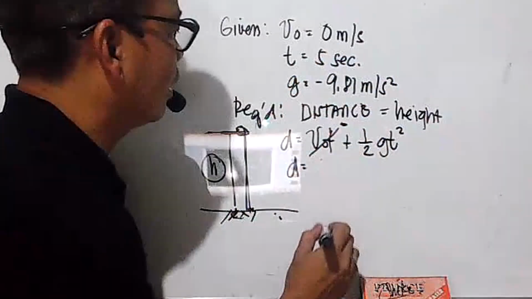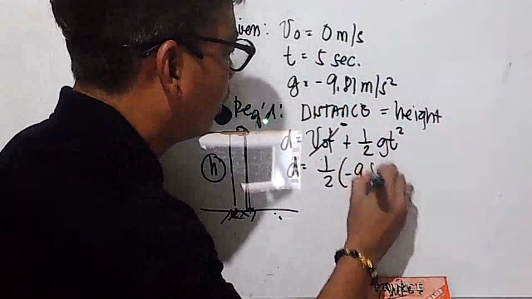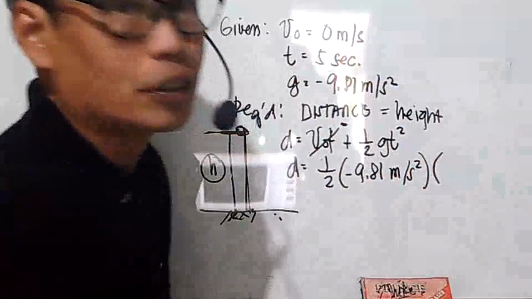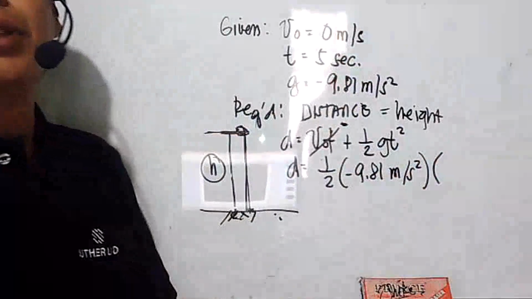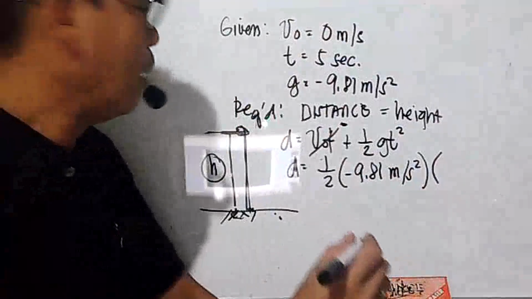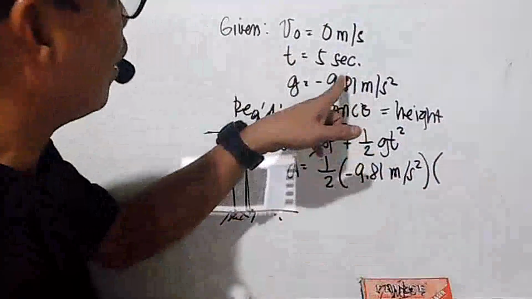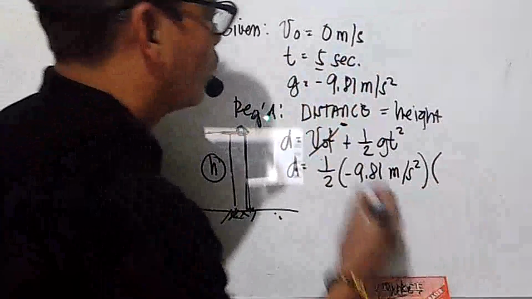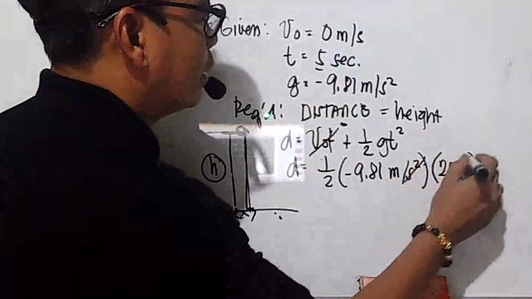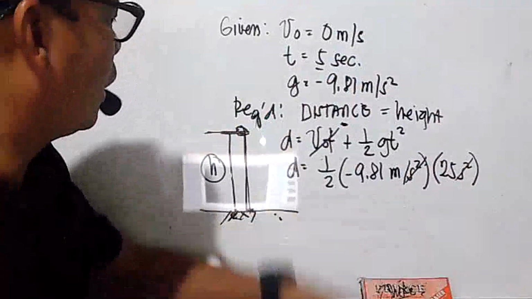Therefore, your distance is 1/2 multiplied by negative 9.81 meters per second squared multiplied by the time squared. Your time is 5 seconds, so I'll be squaring 5. For the unit analysis, 5 squared is equal to 25 seconds squared. So seconds and seconds will cancel, and you're left with meters.